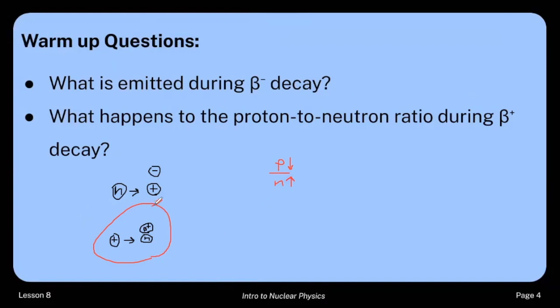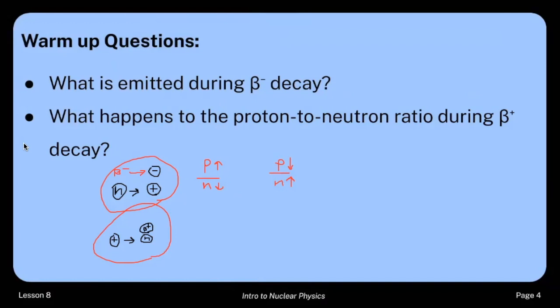And then, of course, if we wanted to look at beta minus decay, where the thing that gets emitted is a beta minus particle, in this case, we gained a proton and lost a neutron. So that ratio gets a little bit larger. And we'll bring this idea of proton to neutron ratio up again a little bit later.